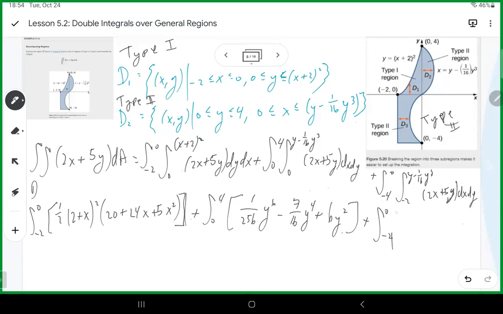And then that one is very similar, 1 over 256 y to the 6th. It's actually the same. It's very nearly the same.